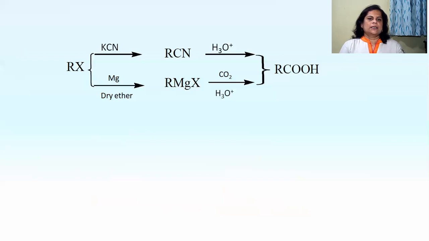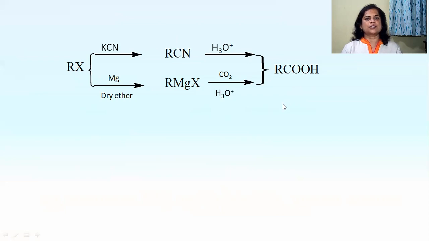So this is the reaction for the preparation of acid using Grignard's reagent and solid carbon dioxide. Now see here, alkyl halides are converted into acids in two ways. The first way: alkyl halides with KCN, potassium cyanide, form alkyl cyanide, and alkyl cyanides undergo acid hydrolysis, forming the acid.